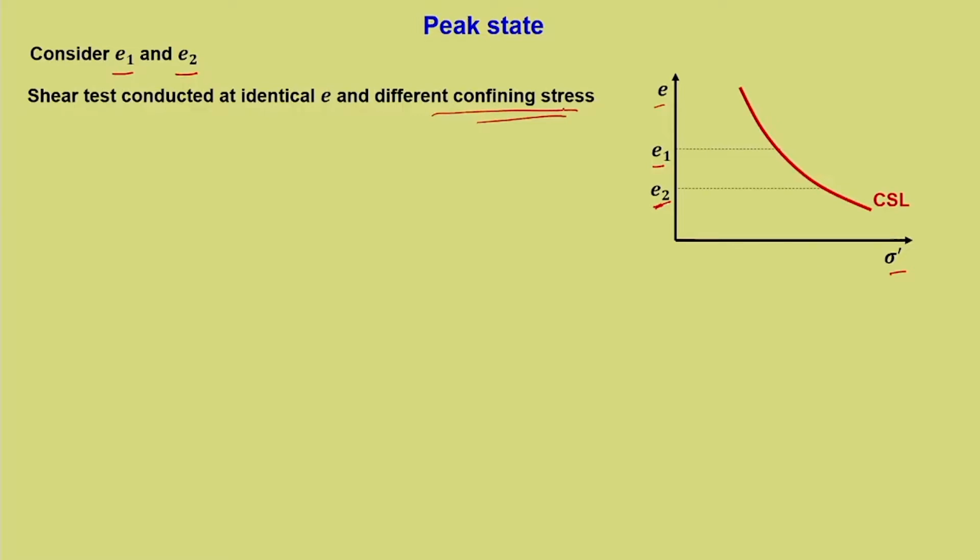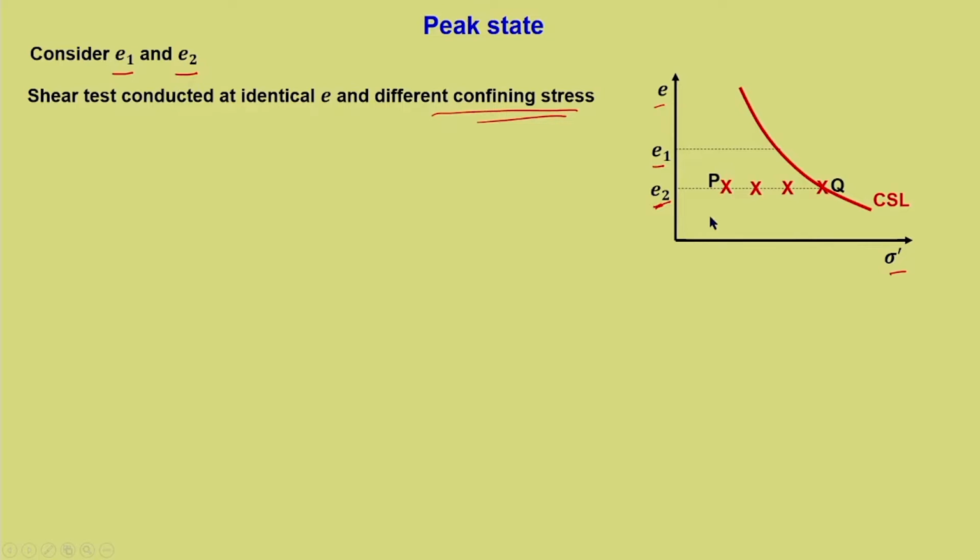And then we choose 3 different confining pressures, whether it is in a direct shear test or in a triaxial test. We need to conduct it at 3 different confining stresses. That is what is written here, at least 3. So, at e2, these are the sigma dash values at which the shear test is performed, and the last point being on the critical state line.